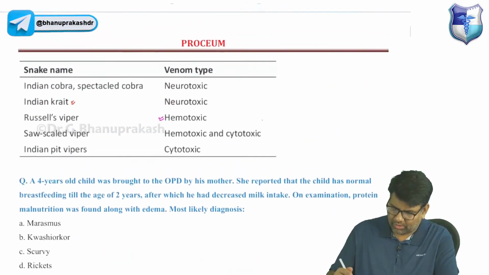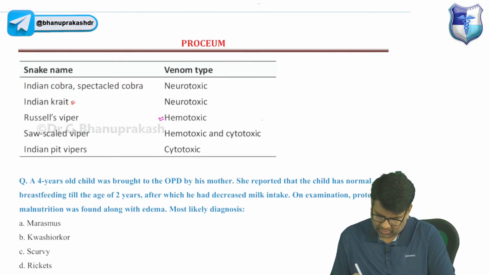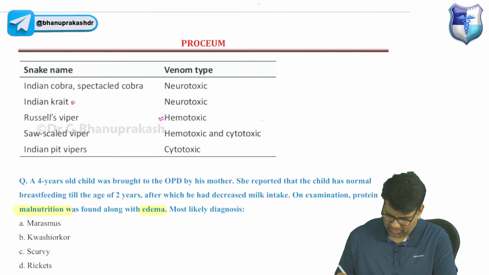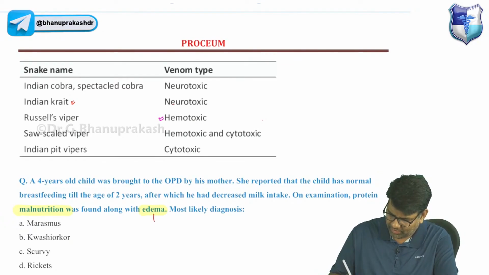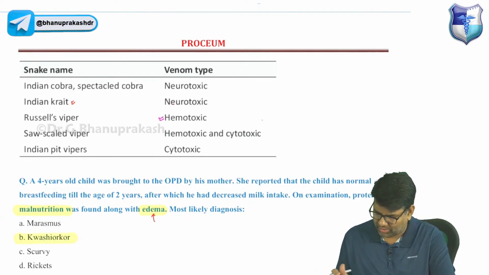Now, next question. A 4-year child has been brought with malnutrition and edema. Right. So the moment you find the word edema, straightforward, you have to jump to Kwashiorkor. Clear?